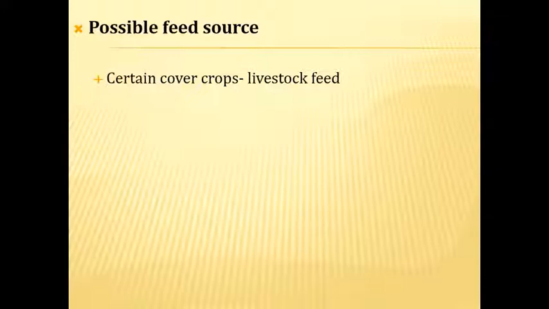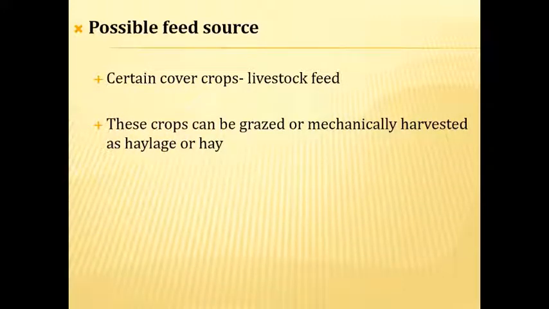Cover crops are also possible feed sources for livestock as well as humans. Certain cover crops, especially grass species, can be used for livestock feeds. These crops can be grazed or mechanically harvested as haylage or hay.